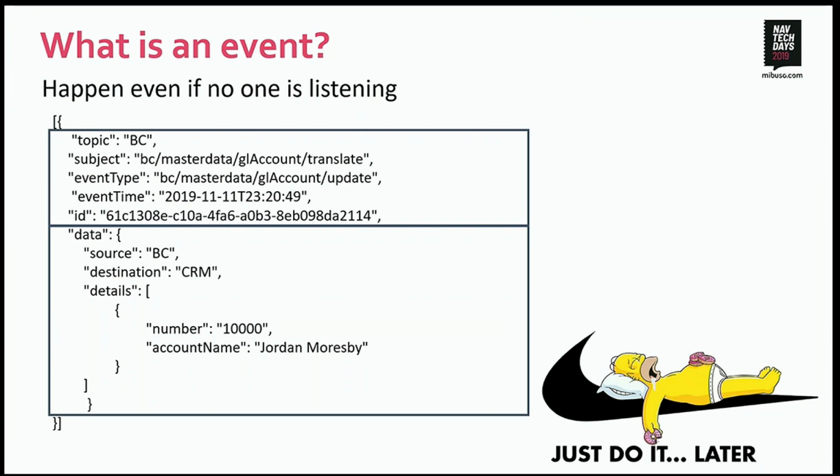So you construct the body here, and then you just send it to Event Grid. And then you forget about it. You don't care what happens with it after. I think that's the main advantage.